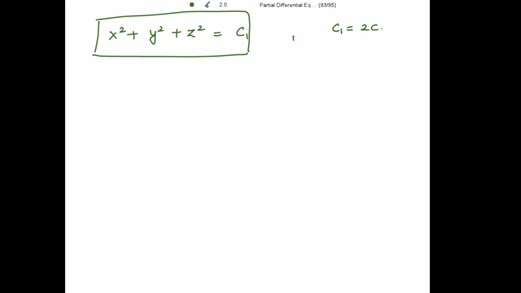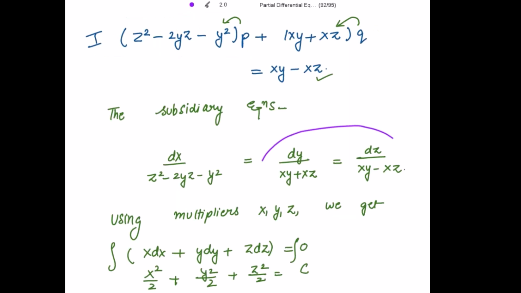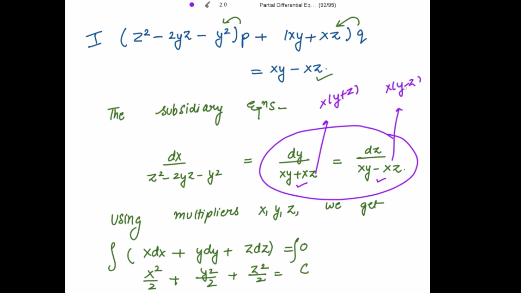The another way, let's consider these two ratios. Taking x common from this denominator and also x common from this denominator, we get x into y plus z, and from here we get x into y minus z. X cancels out.